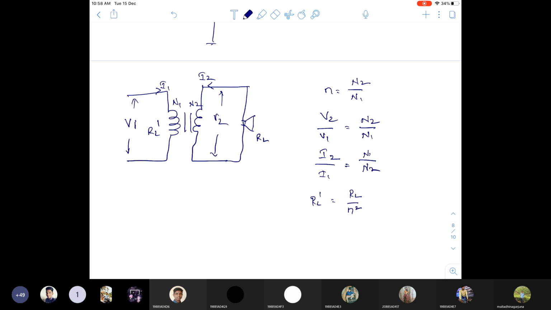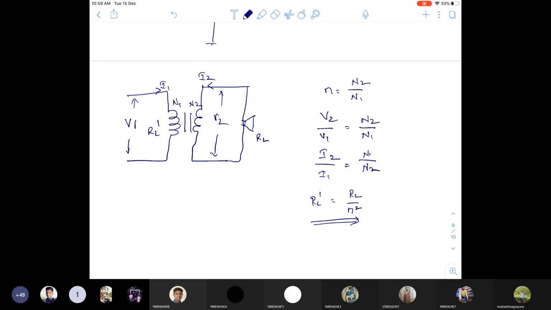Okay, so these are the relations of voltages, currents, and the turns ratio.